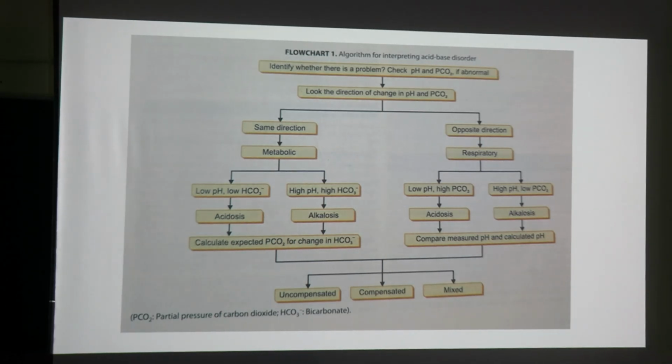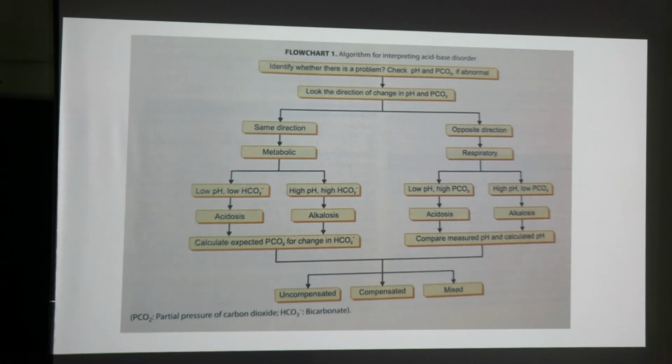Now, how do we interpret an acid-base disorder or any ABG report? As I said, first we check the pH, that is, whether there is acidosis or alkalosis, and then PCO2. Now, we have to observe the direction of change in pH and PCO2. If it is in the same direction, like pH is more and PCO2 is more, then the problem is metabolic. And if the changes in pH and PCO2 are in opposite directions, then it is respiratory.